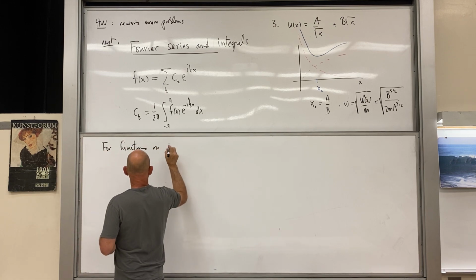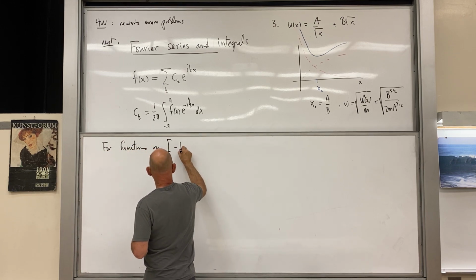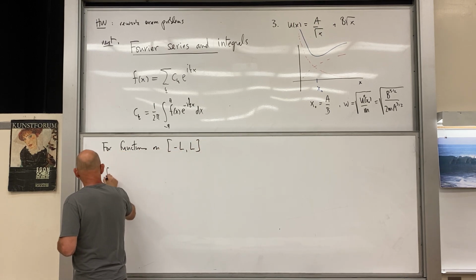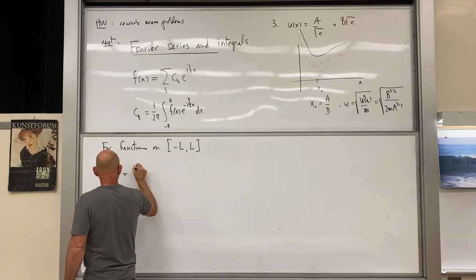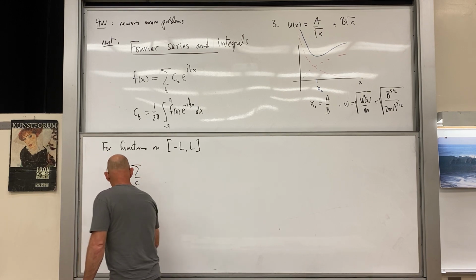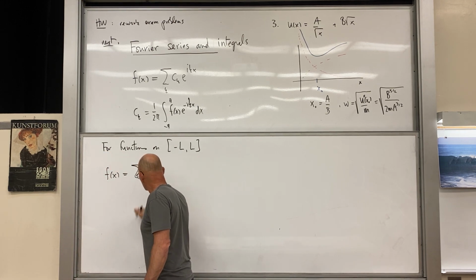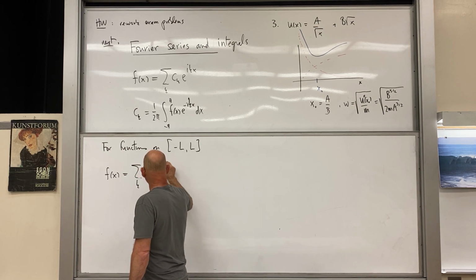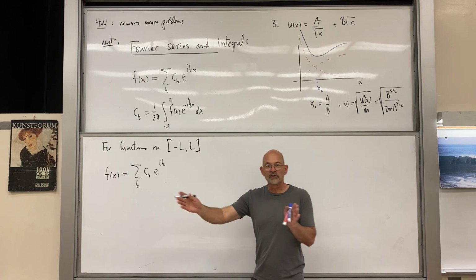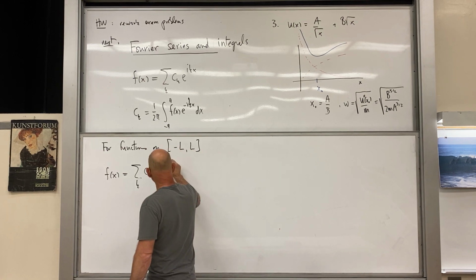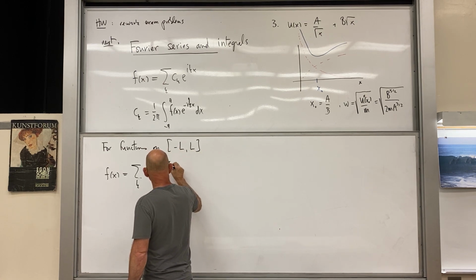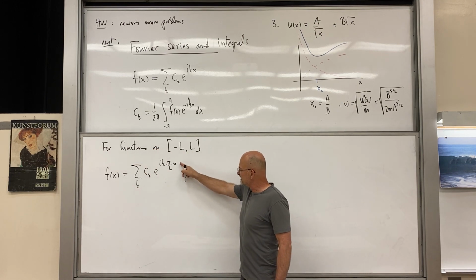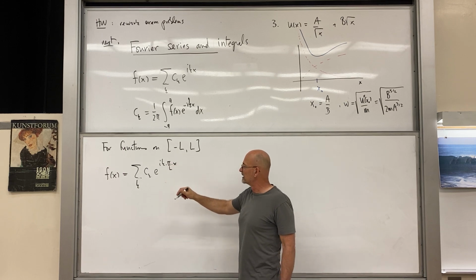So for functions on the interval minus L to L, what do we have? We have f of x, we're still summing over k, c sub k e to the i k, but now since the interval has been stretched, we have to stretch this in this way, pi over L times x. Then when x is equal to L, we're at e to the i k pi.